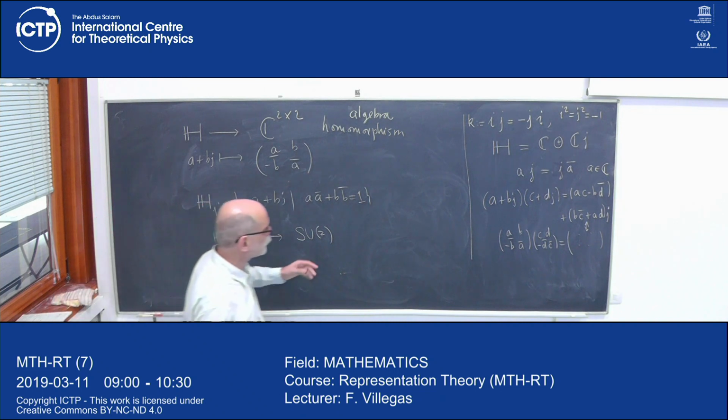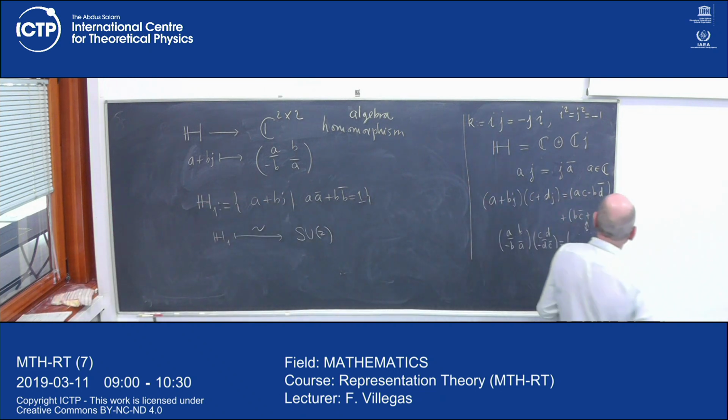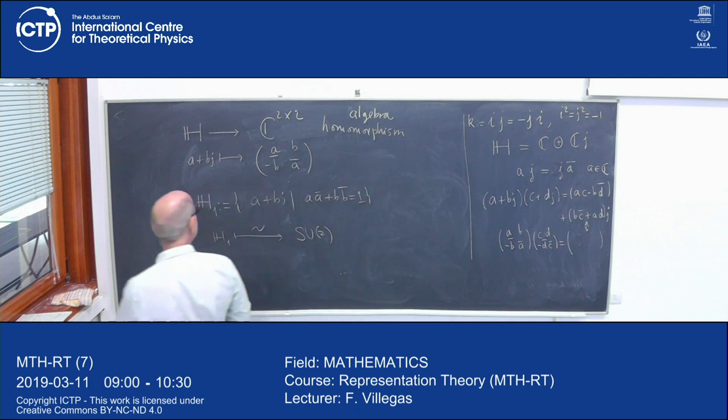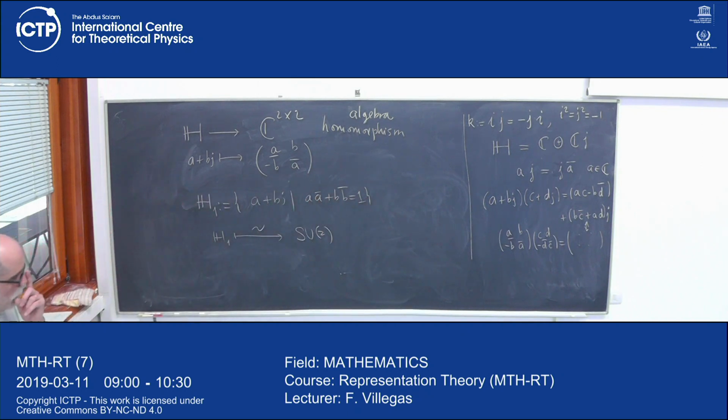You can say that SU2 is the invertible elements of the quaternions that have norm 1, the norm being this quantity a a bar plus b b bar. I should have said this before, this algebra is a division algebra. So every element in this algebra is invertible except for 0.